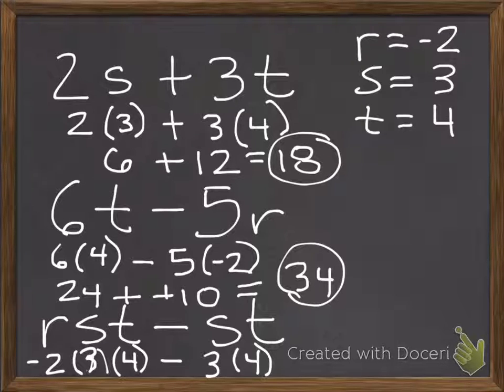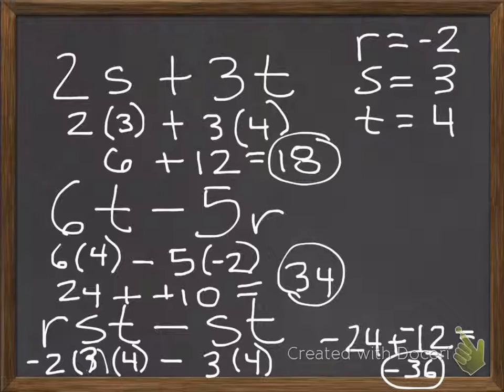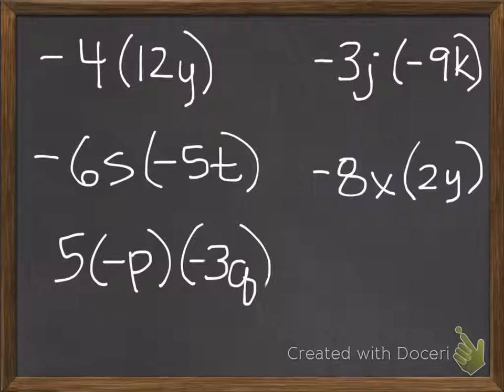So we have negative 2 times 3, which is negative 6, negative 6 times 4, which is negative 24, minus 3 times 4, which is 12. So save, change, change means negative 24 plus negative 12 is going to give our answer as negative 36, because we're adding two negatives.